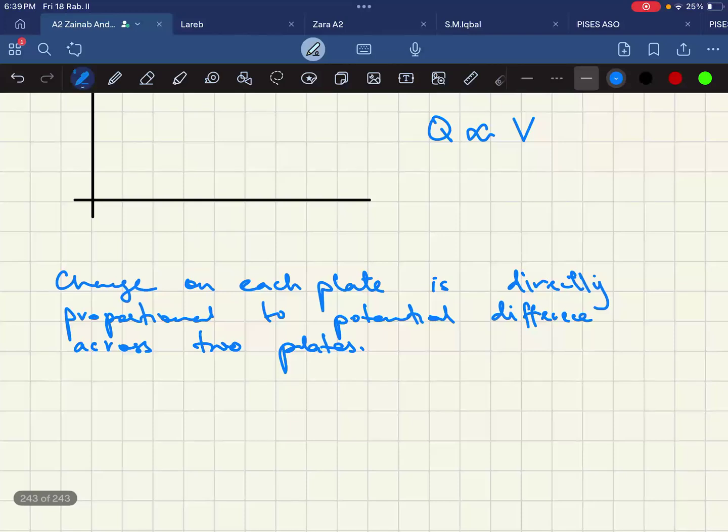Both the phrases are very, very important here. What two phrases am I talking about? Charge stored on each plate, very important, and potential difference across the two plates, very important.